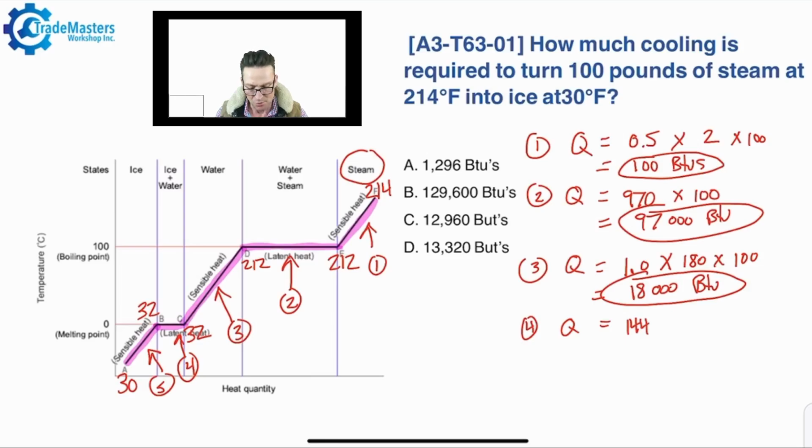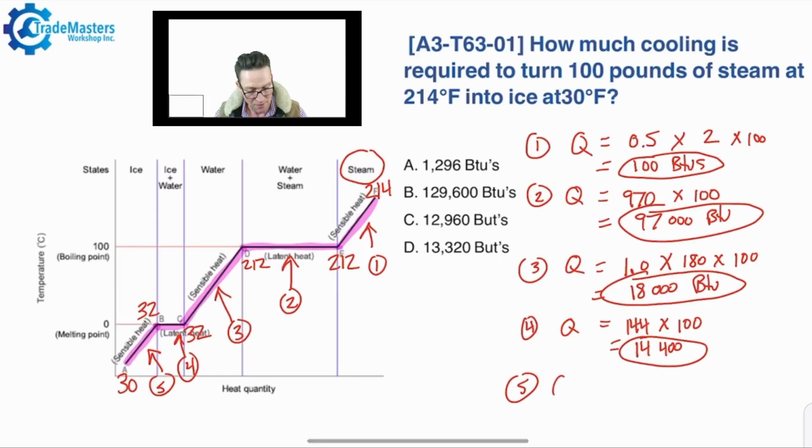Those are constant numbers for water, and we have 100 pounds. So that is going to equal 144 times 100. I'm just checking my math once again. 14,400 BTUs in step 4. So we're very, very close now.